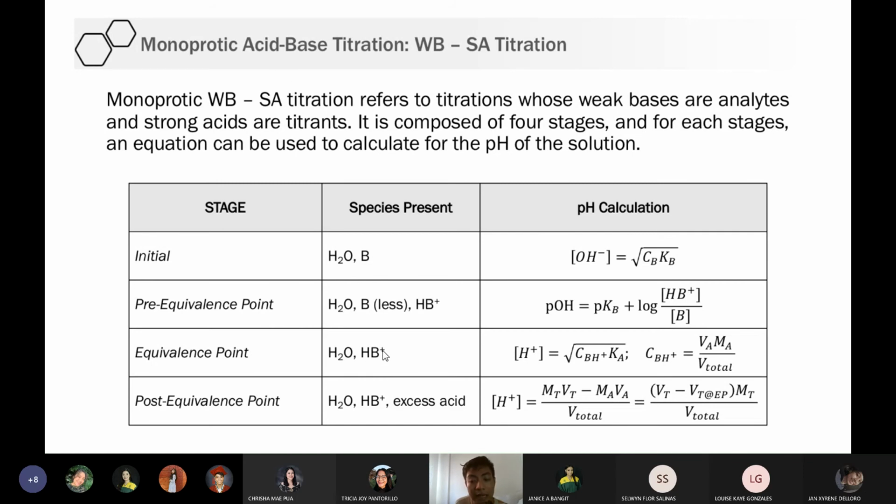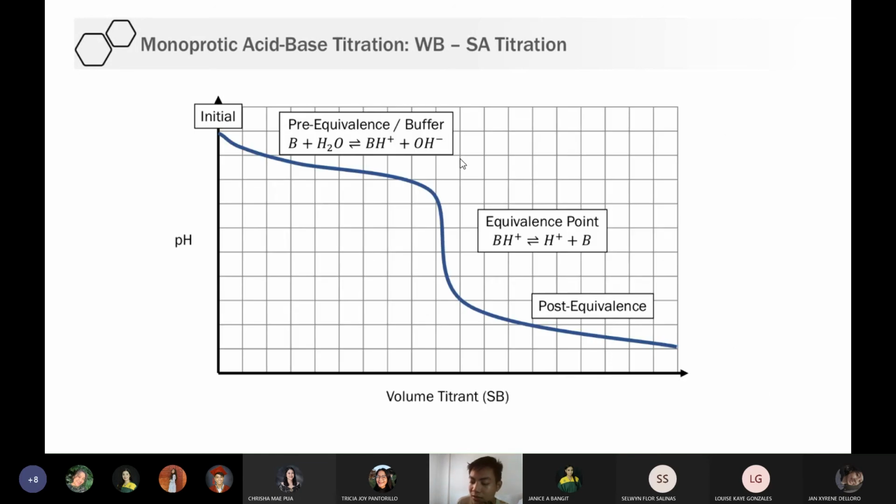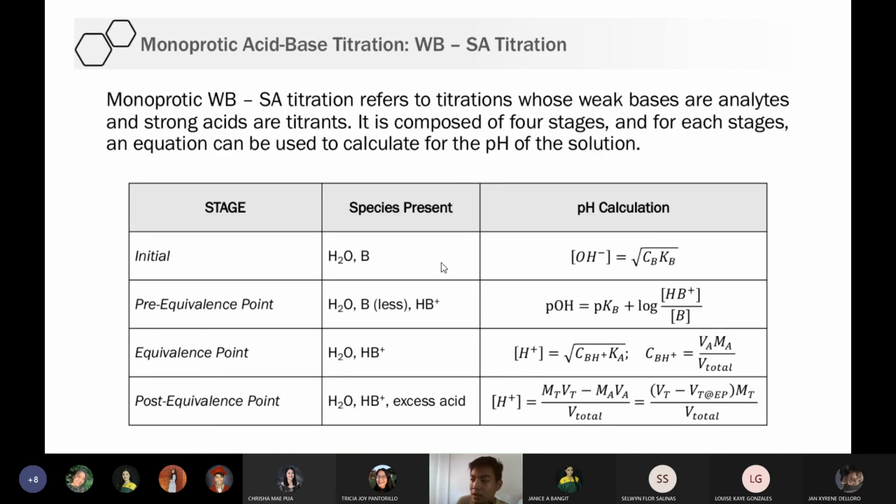Ang matitira ay acid, conjugate acid rather. And ang ating conjugate acid, when it reacts to water, it produces H+. It produces hydronium ion. So the pH of the solution can be calculated from the dissociation of the conjugate acid.